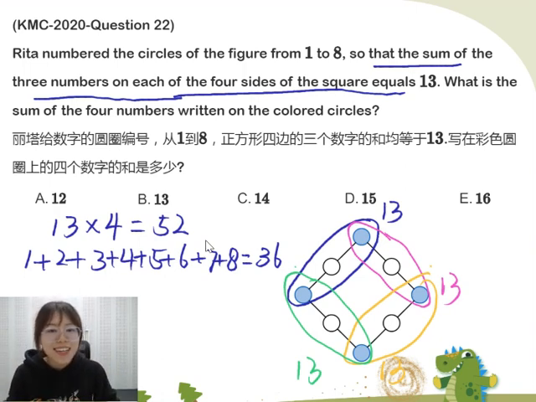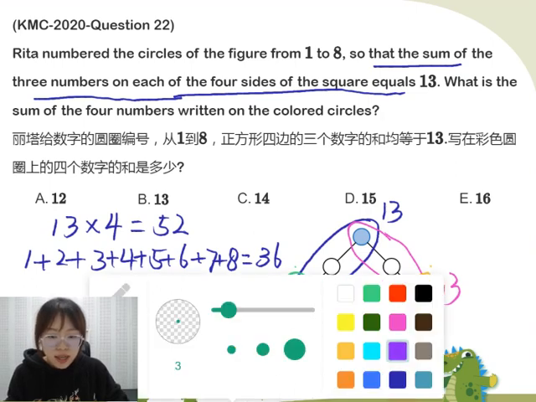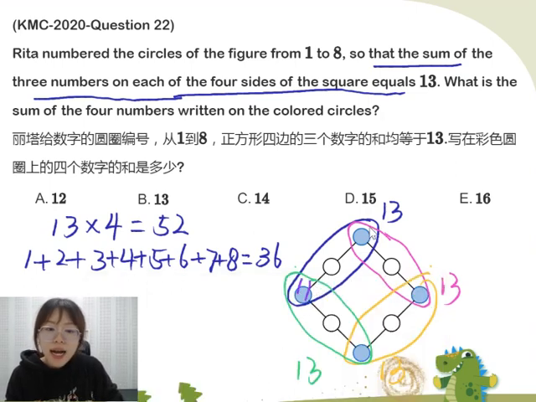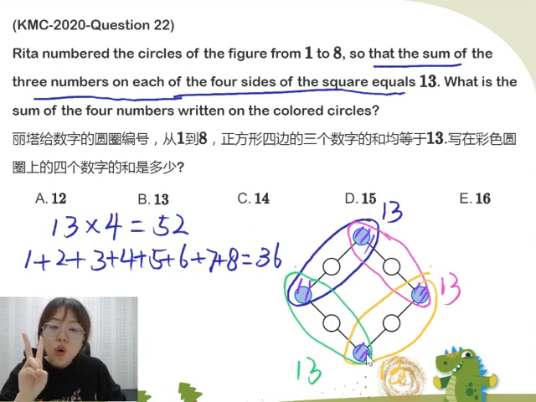Let's observe. When we calculate the sum of the sides, is there any circle that we calculate more than once? Maybe you already found it. For the corners, these four colored circles, we actually calculate twice.